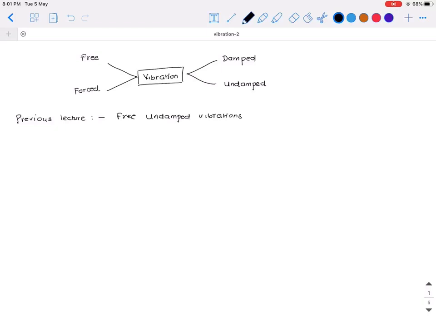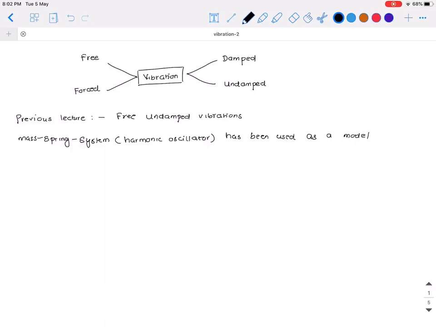That was the focus of the previous lecture, and the spring-mass system, also called a harmonic oscillator, has been used as a model to study free undamped vibration.